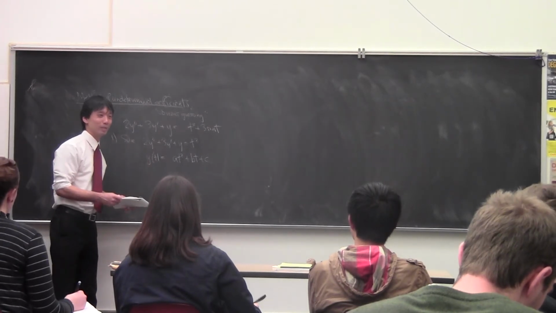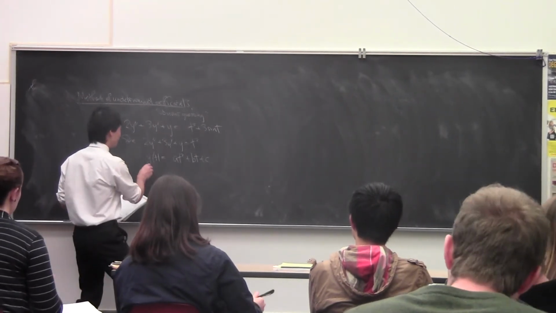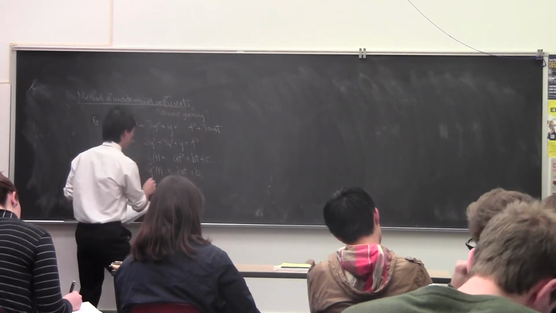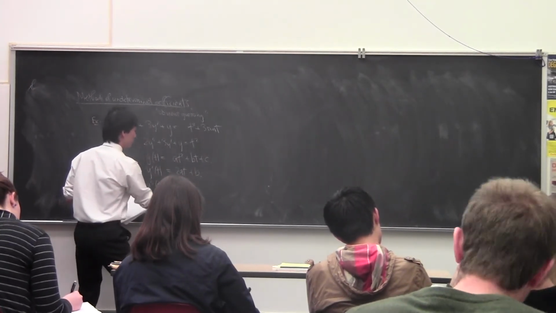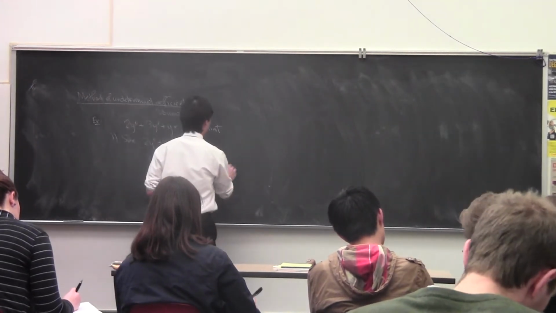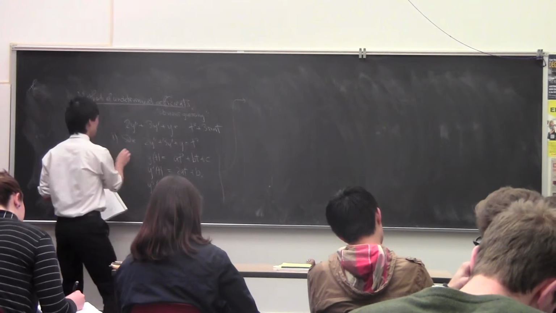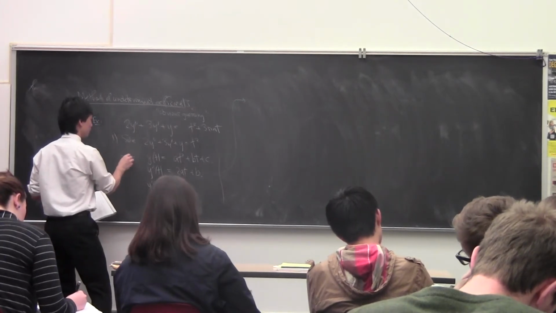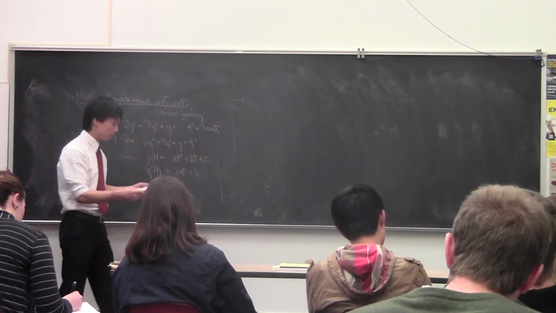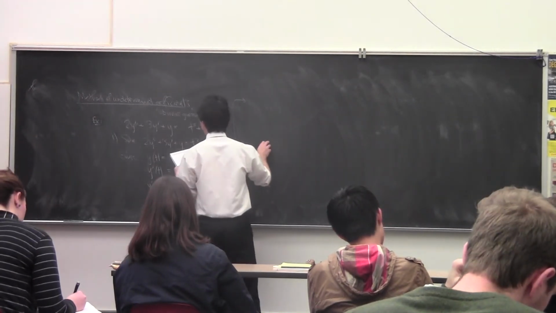Should we do it? Let's just do it. So y prime then is 2at plus b. y double prime is 2a. Right? So you plug these things in. You make this guess that some quadratic function is going to be the solution.